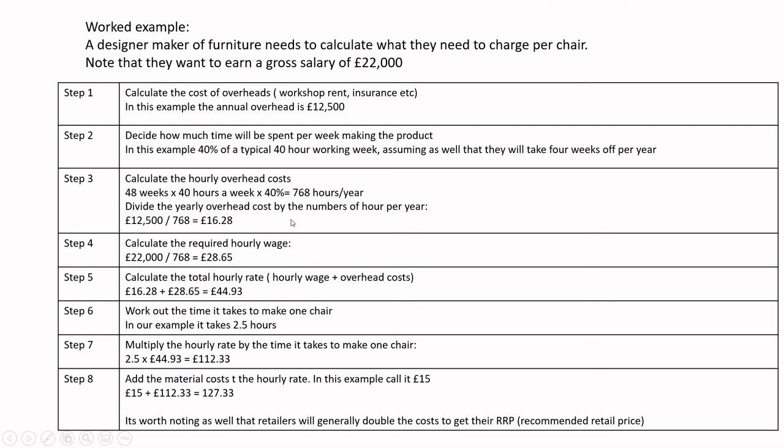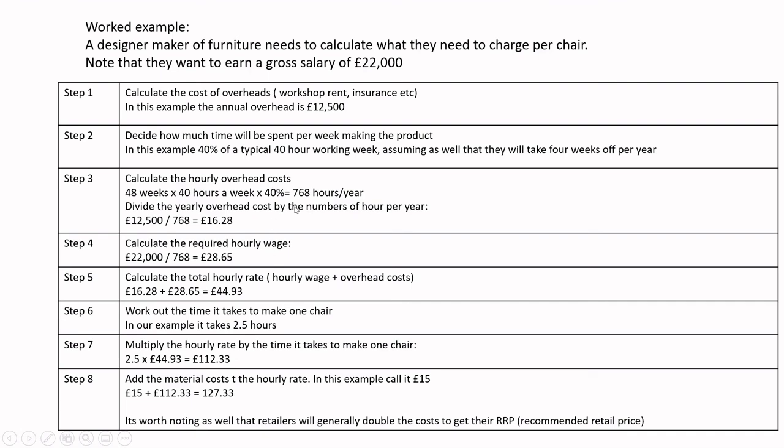And then calculate the hourly wage. So divide how much he wants to make in a year by the amount of hours, which is £28.65. And then calculate the total hourly rate, which is hourly wage plus your overhead costs. So take your £28.65, and then what you want to do is add 16%, add them both together, and that gets you £44.93.